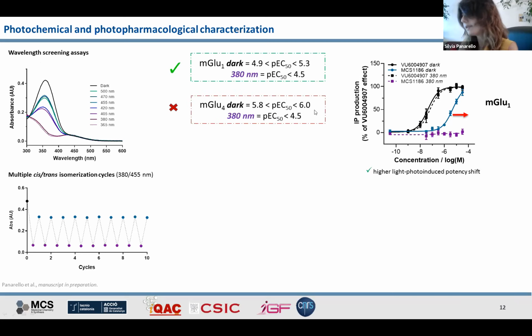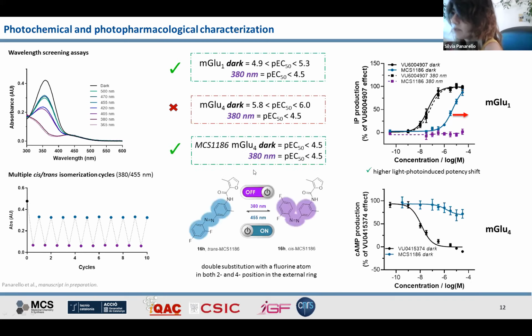Regarding the selectivity, the activity towards mGlu4, we saw that almost all these compounds display the same range of activity as for the mGlu1 receptors, but with illumination we have a decrease. All these compounds, except one of this second library, that is the NCS 1186, characterized by the double substitution of the fluorine atoms in 2 and 4 position in the external ring.